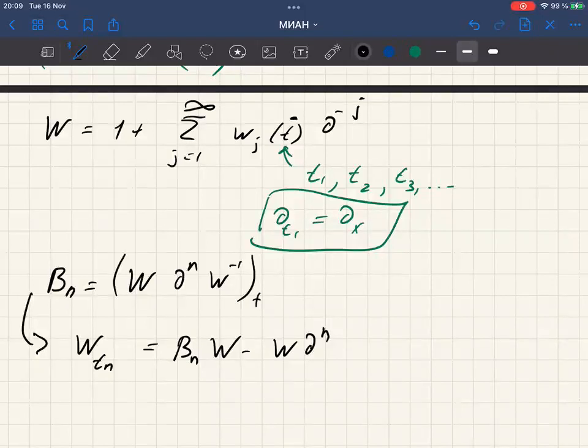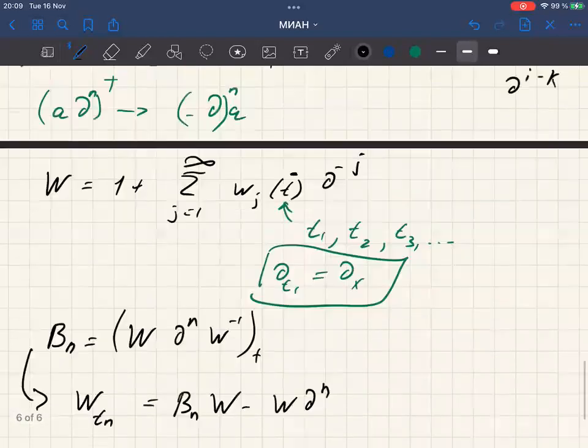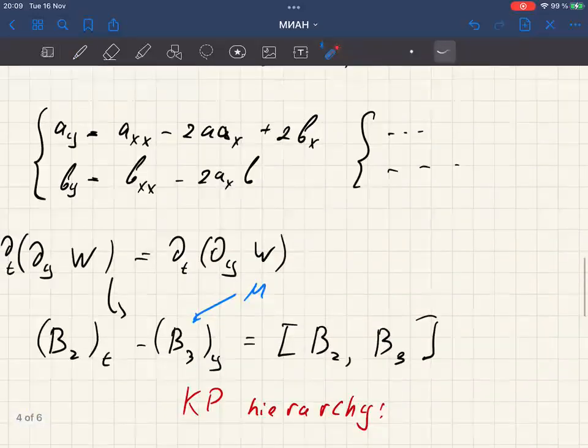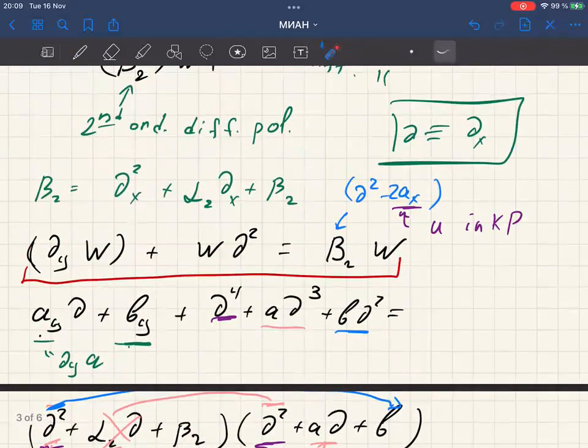And we could see that this equation looks like what we had here. Yes.